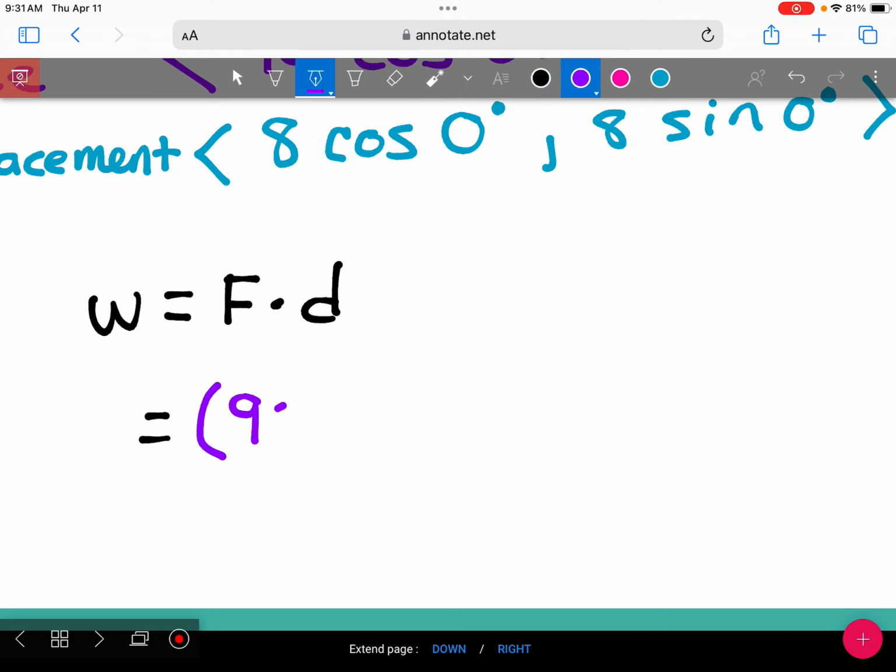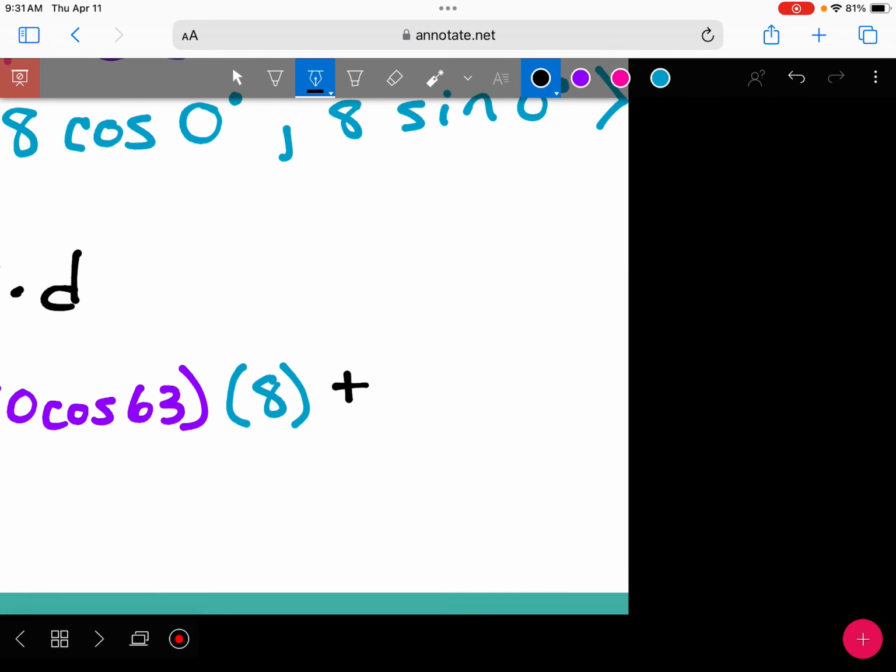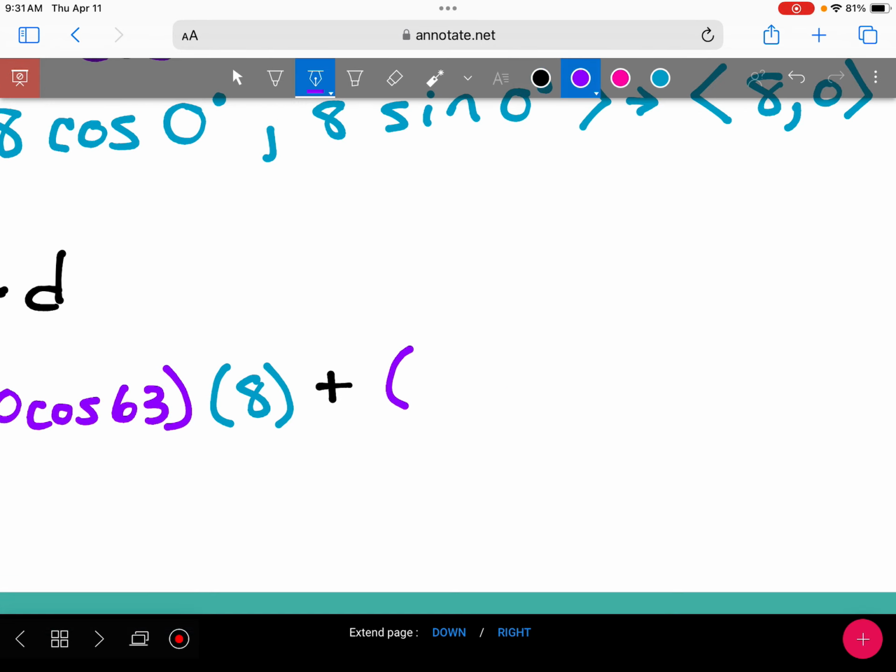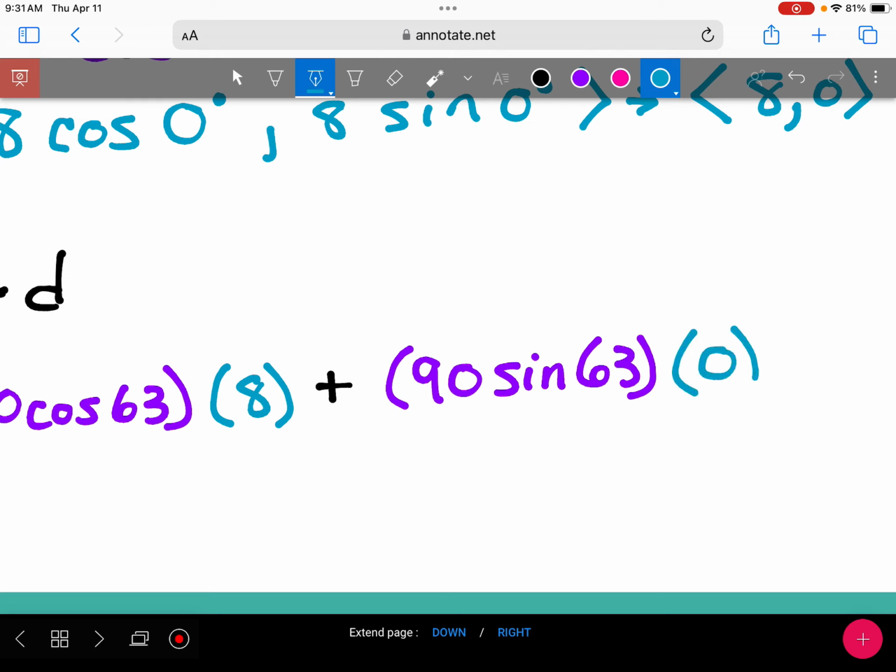So our 90 cosine of 63 times the x from our other vector, 8, plus the y's, 90 sine of 63 times 0.